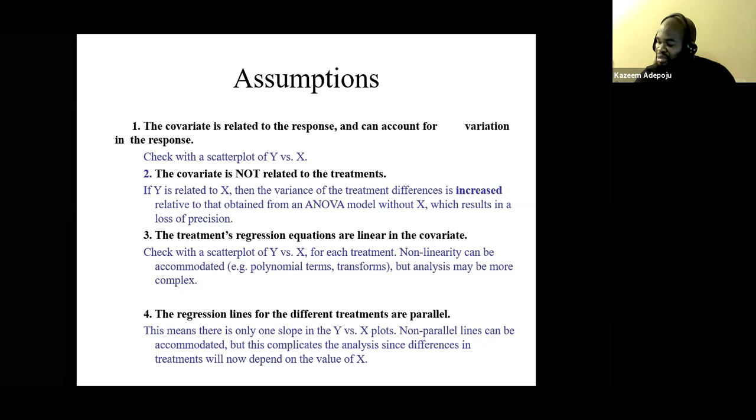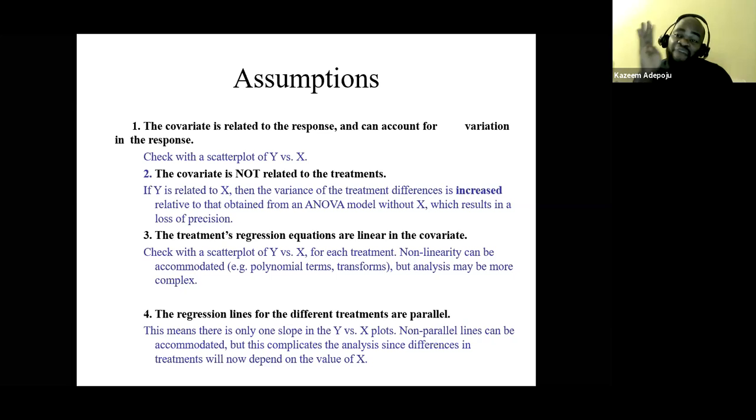The next thing I want to talk about is number 3. The treatment regression equations are linear in the covariate. Linear in the covariate in the sense that I'm going to have a scatter plot of the response against the covariate at different levels of the factor.